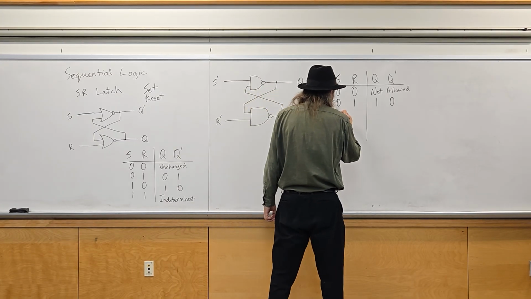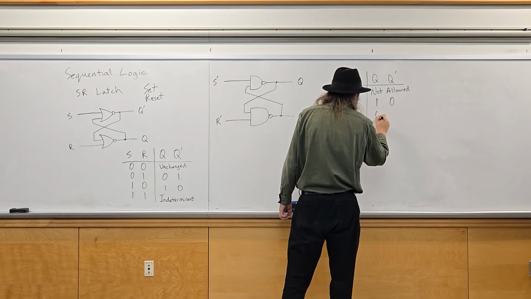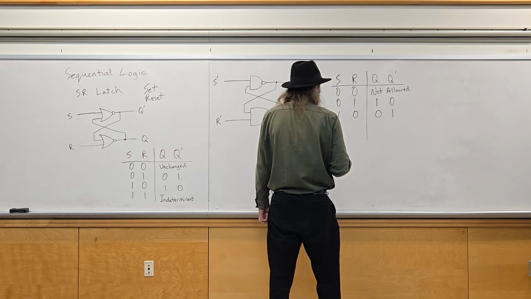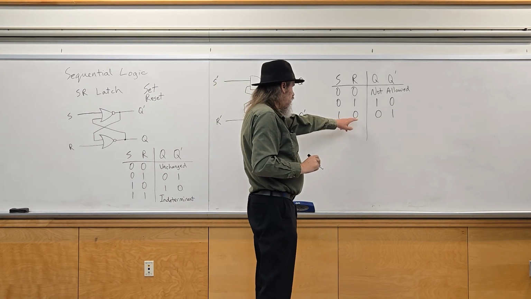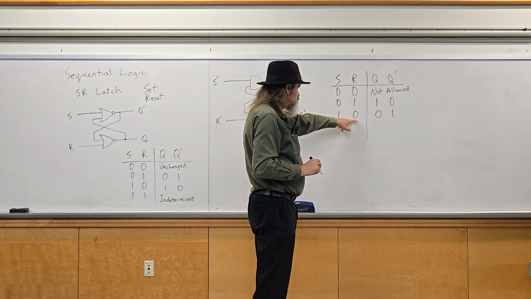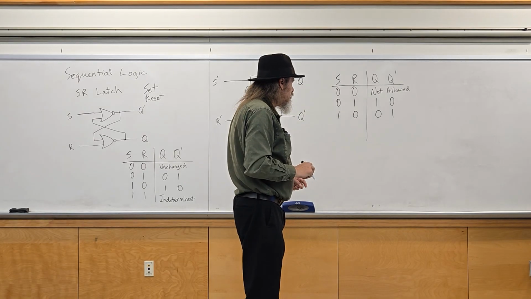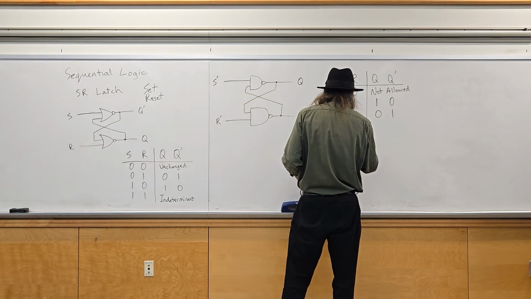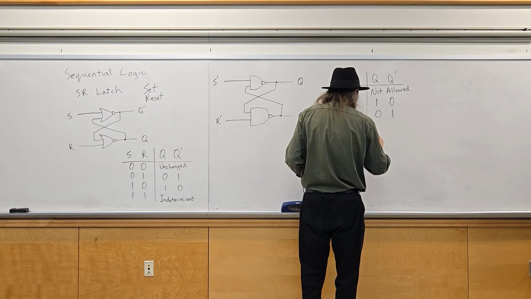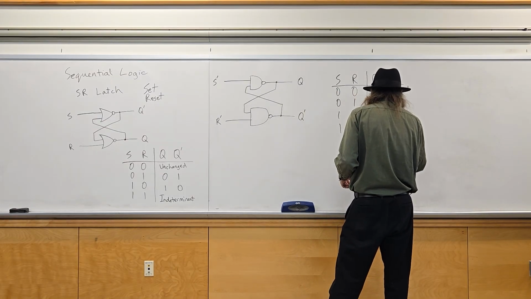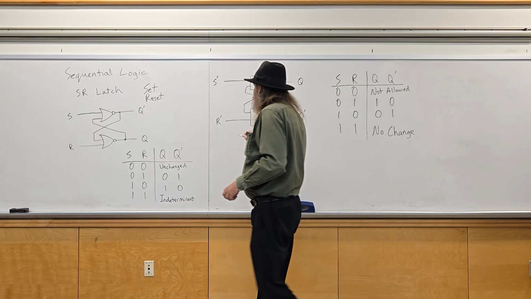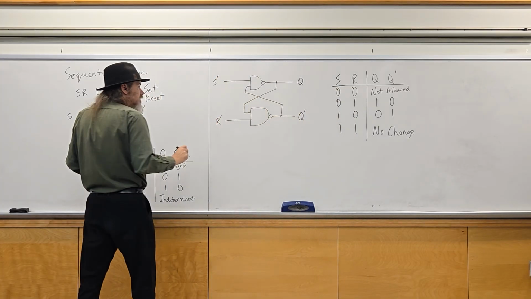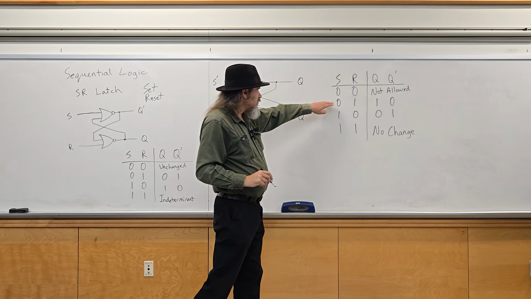And then the other direction resets the Q. R is the reset, active low, and 1, 1 is the no change state. This is why I primed the S and R, because they are active low.